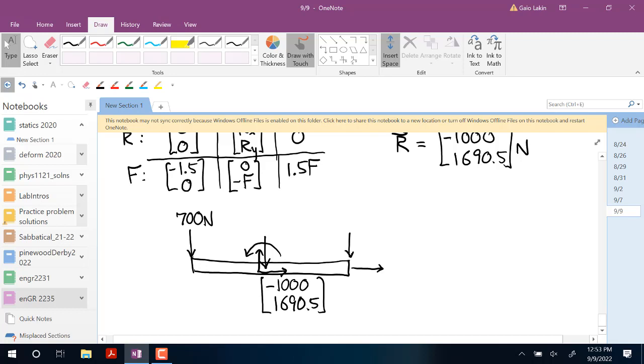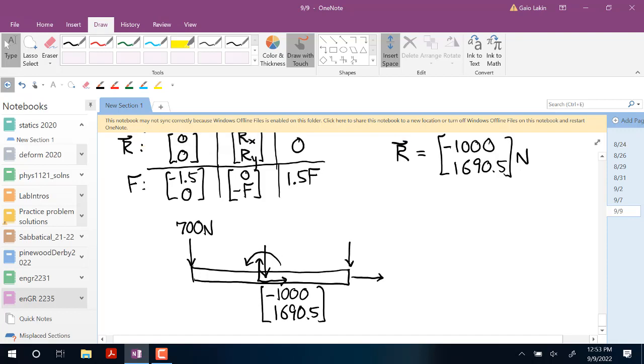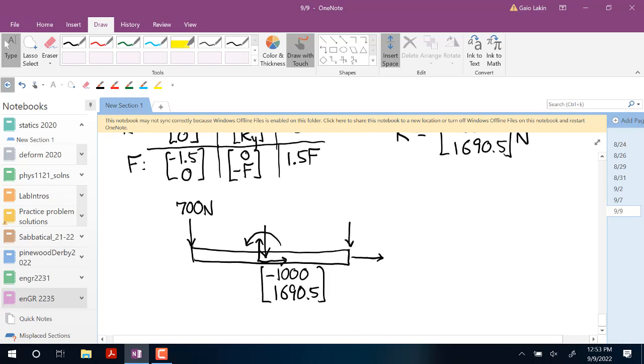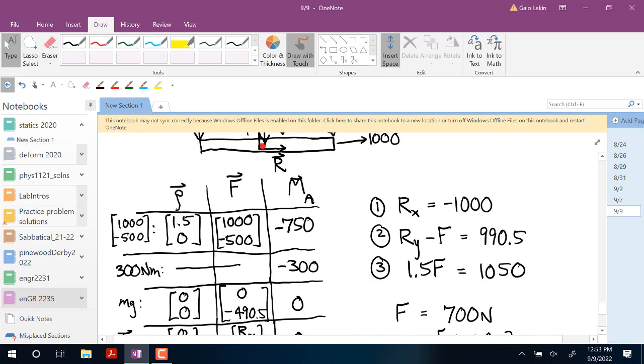And why is it not moving? Because if you plug those values back into Newton's laws, you'd see that they all add up to 0. Those are the loads that are required for it not to be moving.